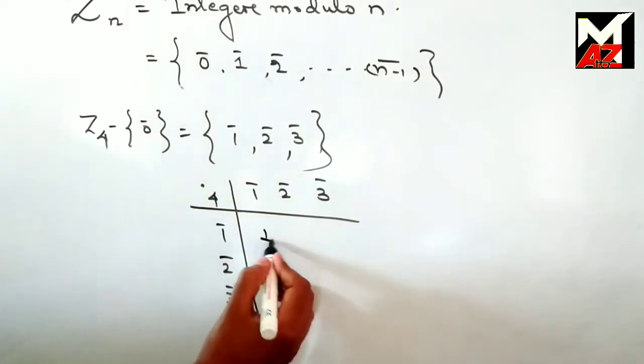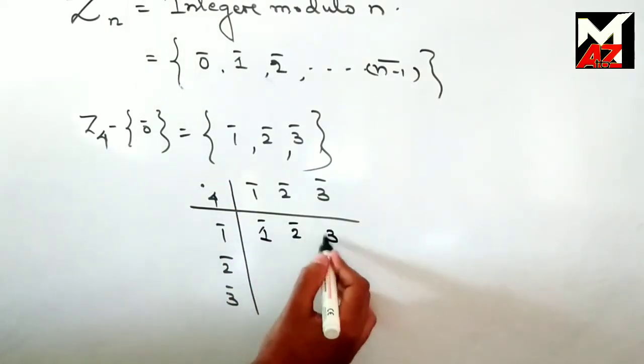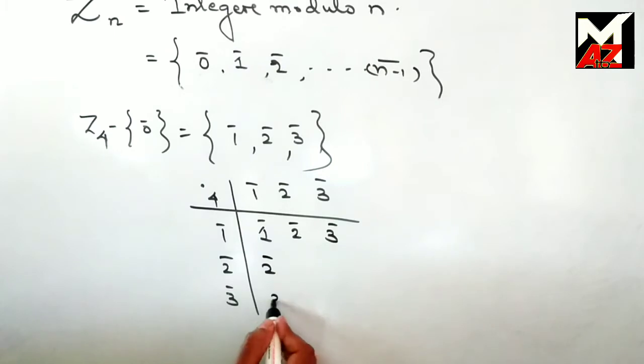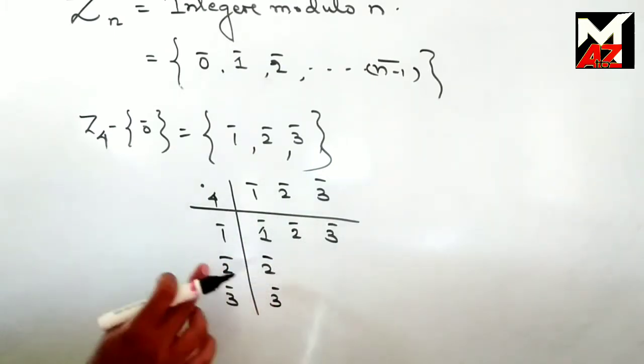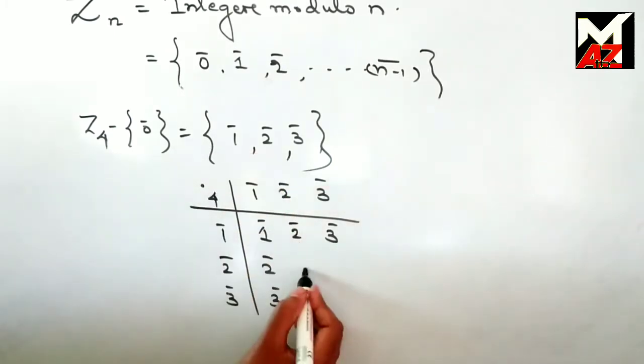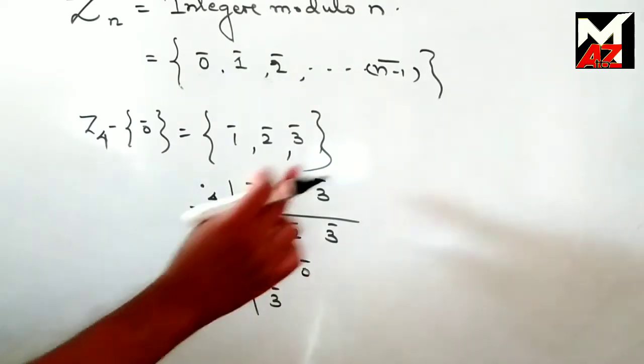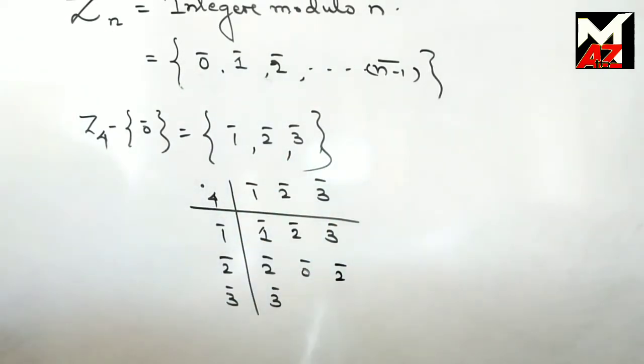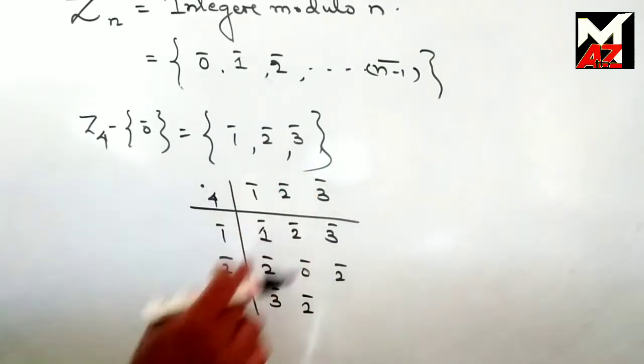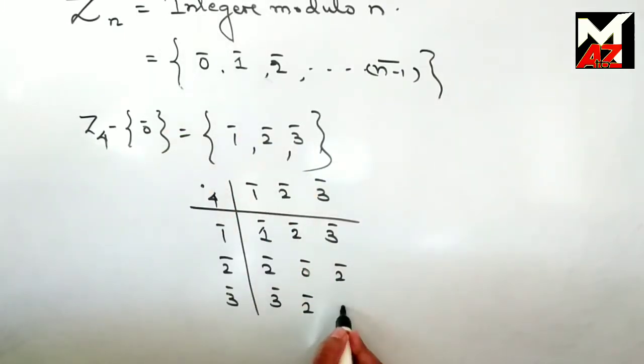Here this is 1̄, this is 2̄, this is 3̄, and this is 2 into 2, 4̄, that is 0̄. 2 into 3, 6̄, that is 2̄. 3 into 2, 6̄, that is 2̄, and this is 3 into 3, 9̄, that is 1̄.